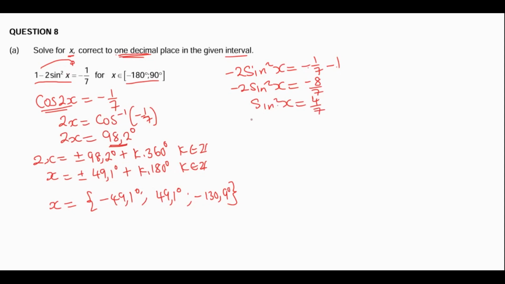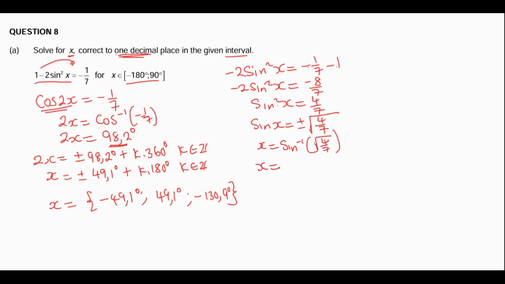We need sine x first, so we take the square root of both sides. So sine x is equal to positive or negative square root of 4 over 7. And then you're going to find your reference angles here, using positive square root of 4 over 7 and also negative square root of 4 over 7. We start with positive: x is equal to arc sine of square root of 4 over 7.